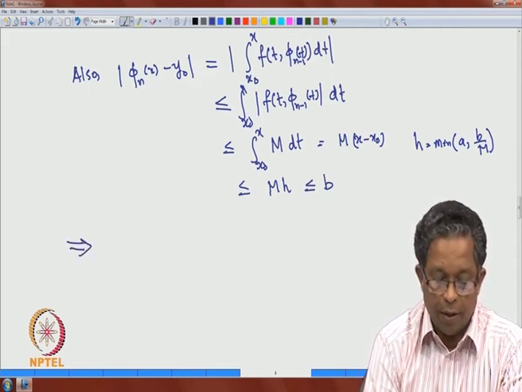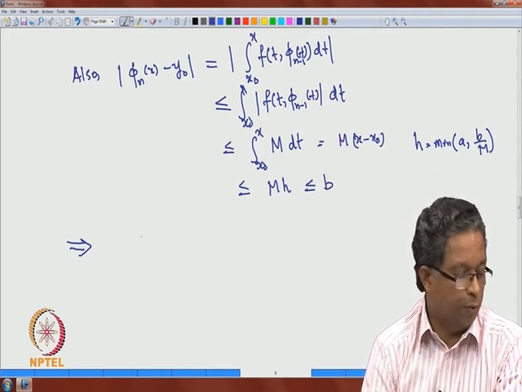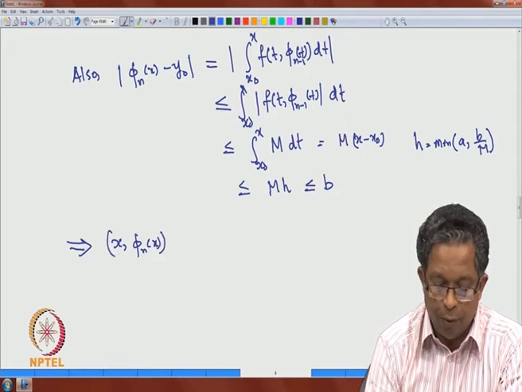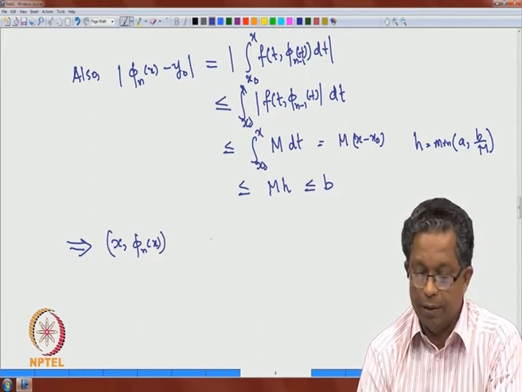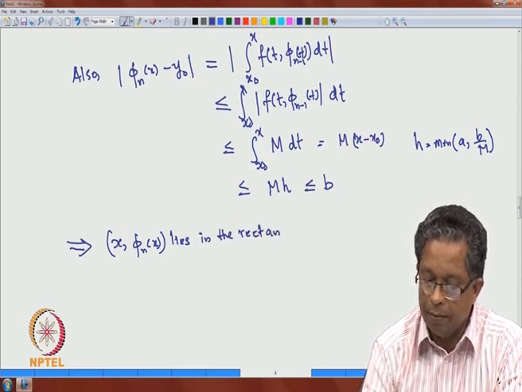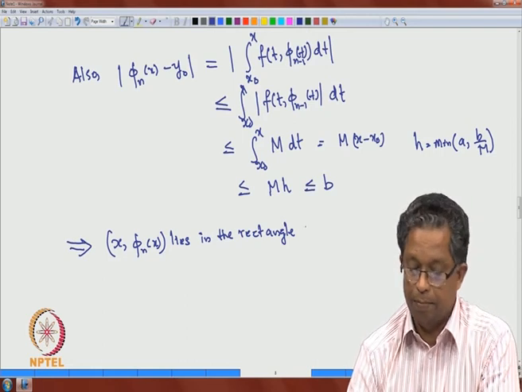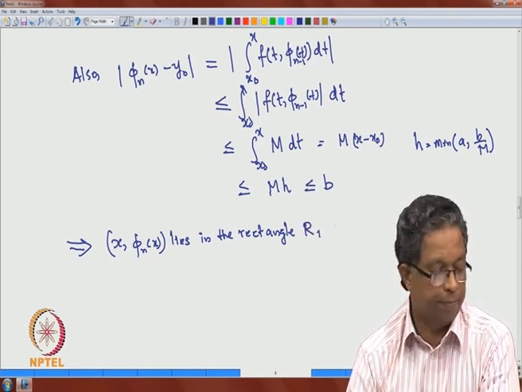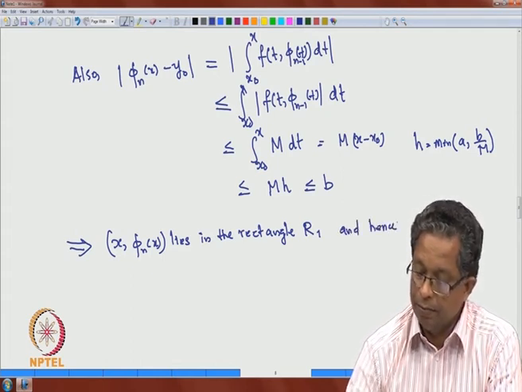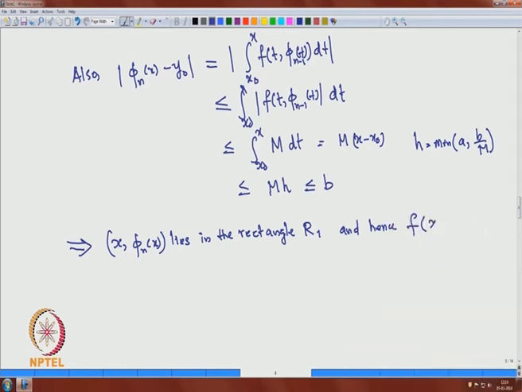So, all these arguments help us to conclude that the point (x, phi n of x) lies in the rectangle R1, and hence f evaluated at (x, phi n of x) is defined.